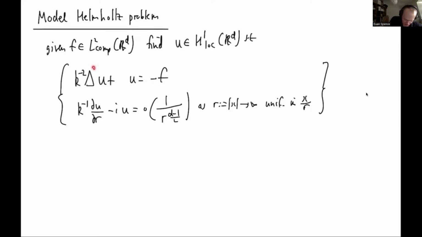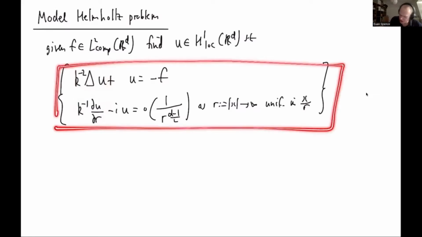I did that already in this radiation condition, but now I'm doing it in the PDE. But this is none other than the standard Helmholtz equation, and it's a well-known result due to Rellich that the solution of this problem exists and is unique.